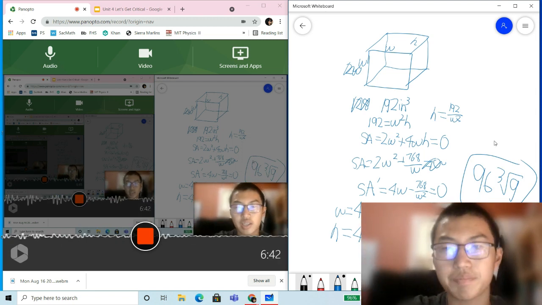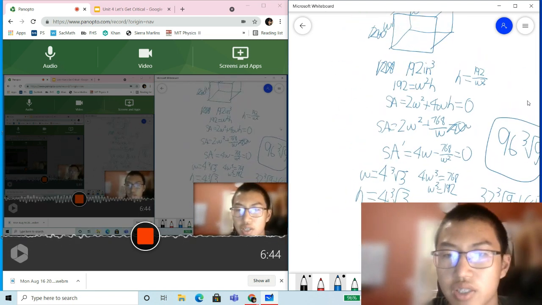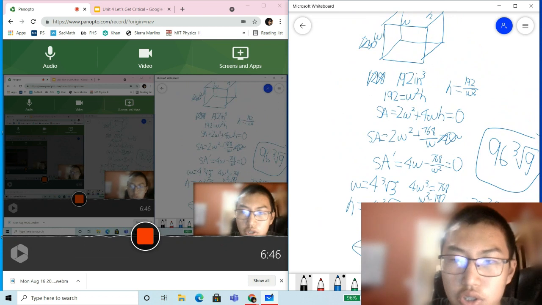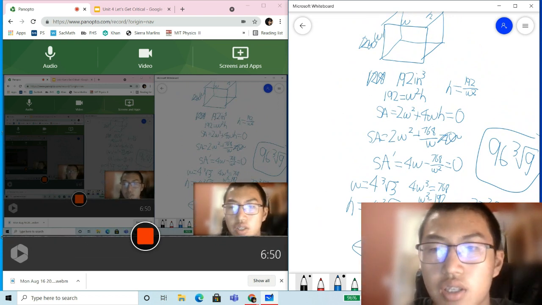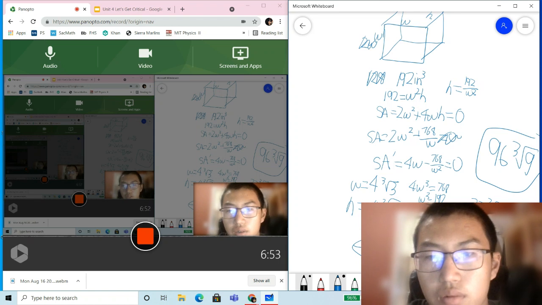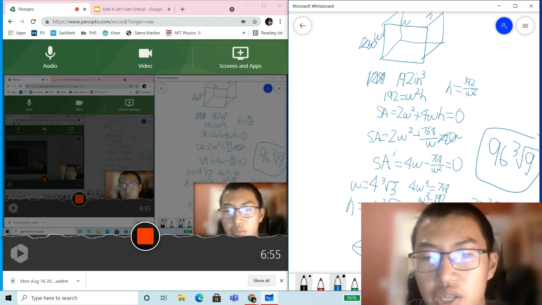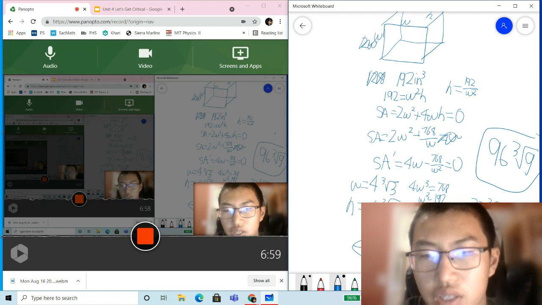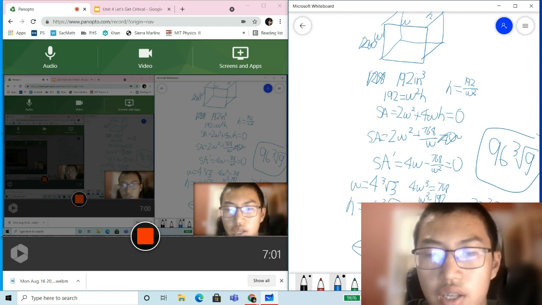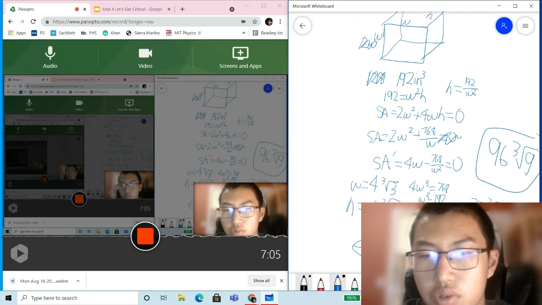Oh wait, and yeah, plot the number line like we always do. Show that W equals the cube root of 192 is a min. When W is 1, we get 4 minus 768, when W is less than this irrational number.